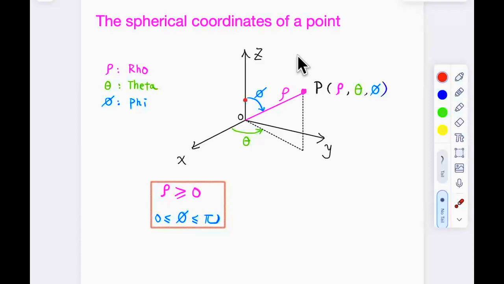Phi here is the angle between the positive z-axis and the line segment OP. Note that rho here has to be greater than or equal to 0, and phi, this angle, is going to be greater than or equal to 0 and less than or equal to pi. So from 0 to pi.